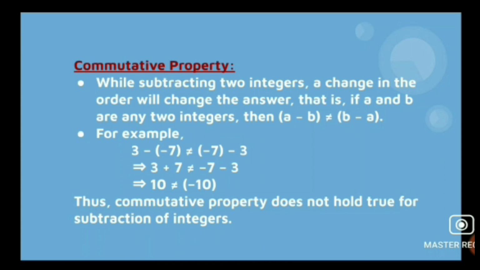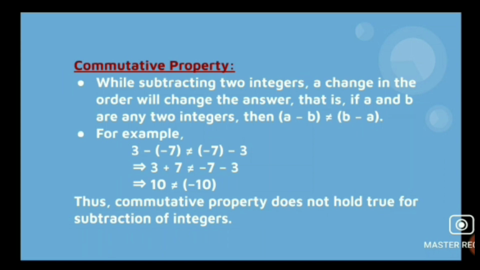That is, if a and b are any two integers, then a minus b is not equal to b minus a. For example, 3 minus of minus 7 is not equal to minus 7 minus 3. First we can solve the left hand side. So 3 minus into minus becomes plus 7. So 3 plus 7 is equal to 10. See the right hand side, minus 7 minus 3.